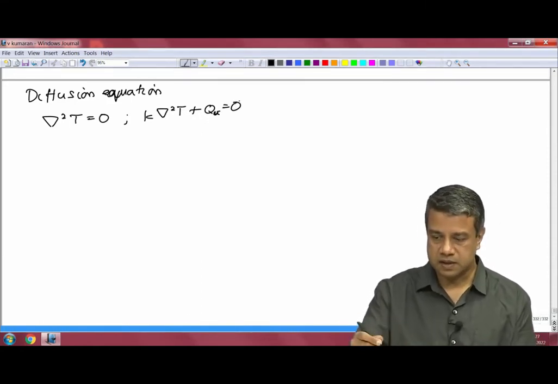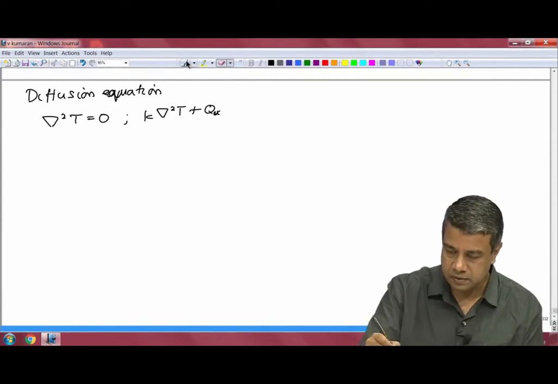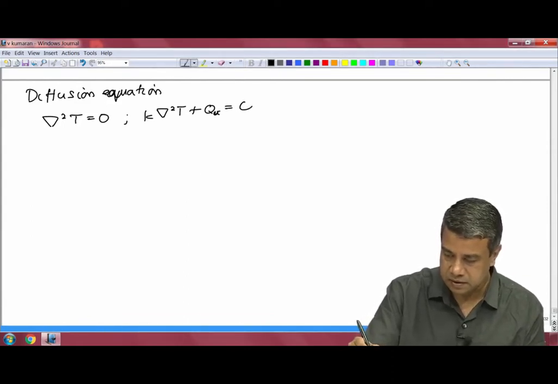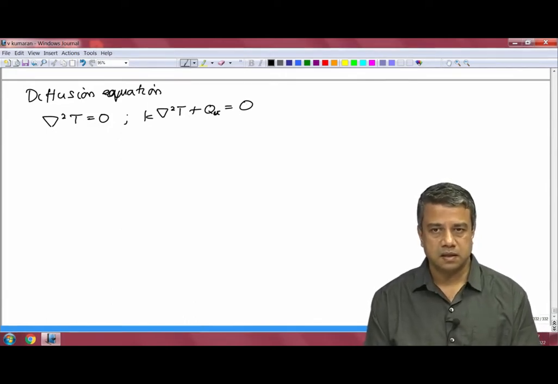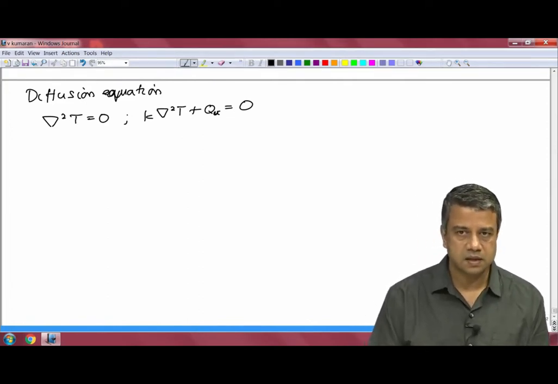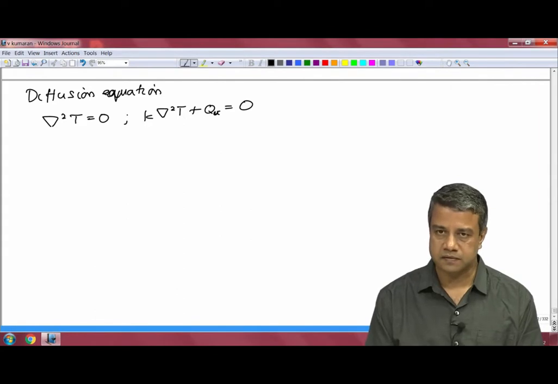So far we have considered this volumetric source of heat only as a delta function, where in the limit as the size of the source goes to 0, but the total amount of heat generated per unit time is finite.